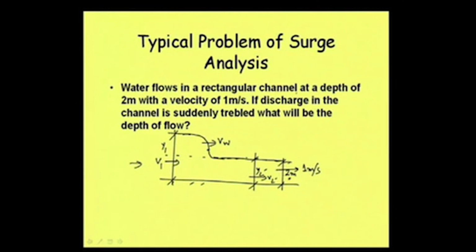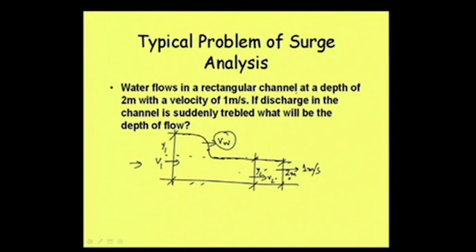So this discharge, considering unit width, y1 v1, will be 3 times y2 v2. Well, so how can we write the continuity equation? Again, to first make it steady, we can apply a velocity opposite to this vw.